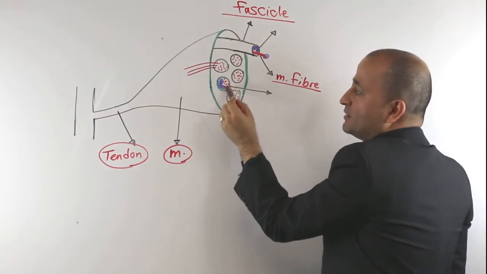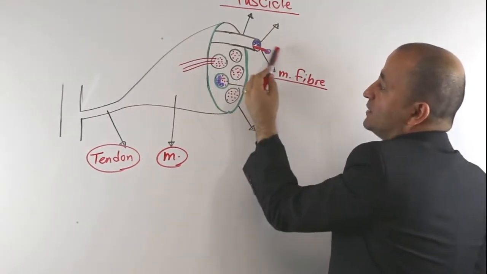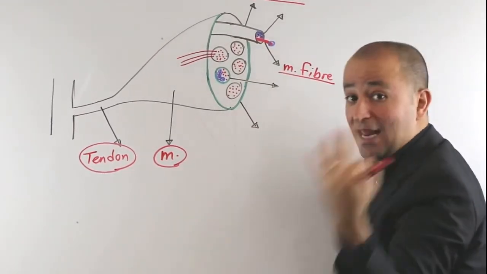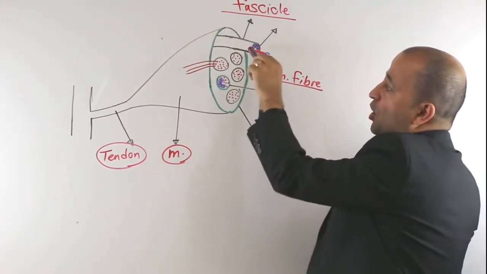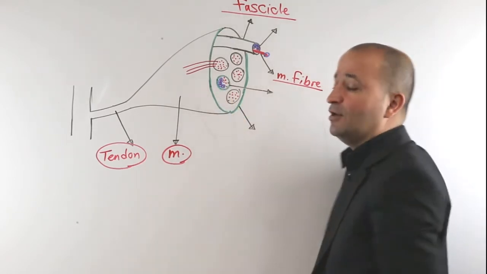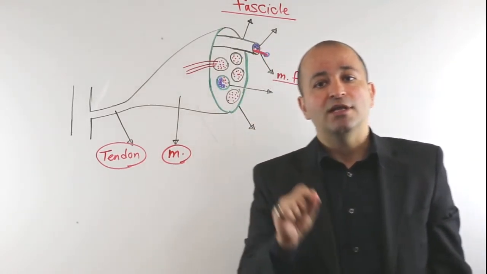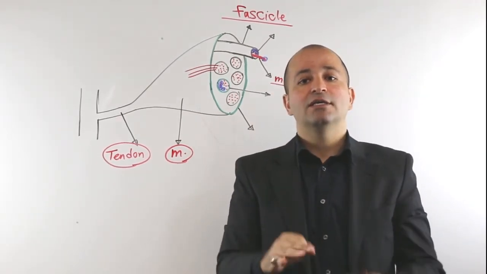And every muscle fiber has its own cover as well, which I showed as a blue color. So there are three layers of covers: one cover around the whole muscle, one cover around each fascicle, and one cover or membrane around each muscle fiber. What are the names of these three covers? That's the part that we need to know.